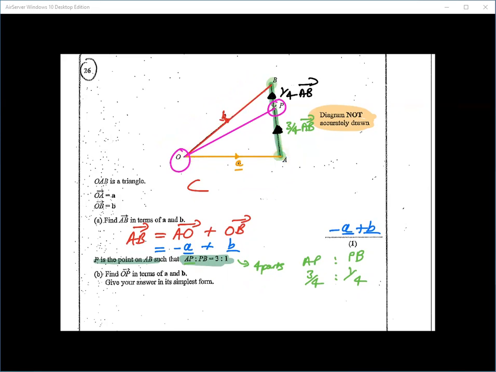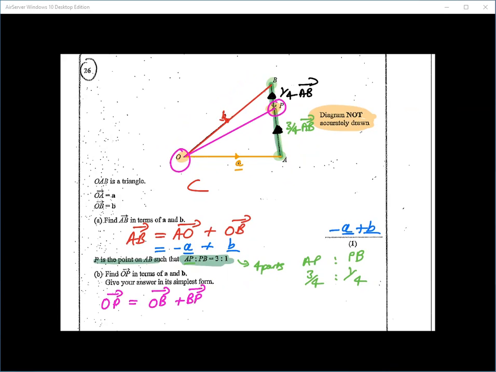Okay, now remember you are starting at O, and you have to get to P. There are 2 directions, but one direction is better. Which route is the better route? Go on. O to B and B to P. So O to P is equal to O to B plus B to P.